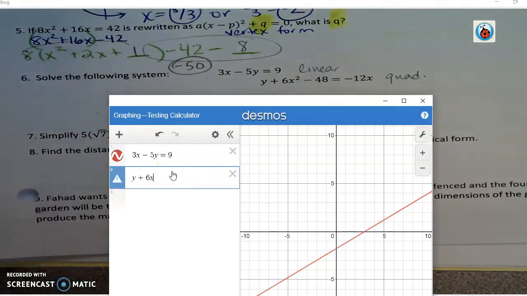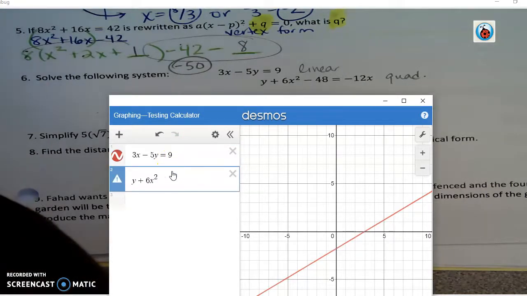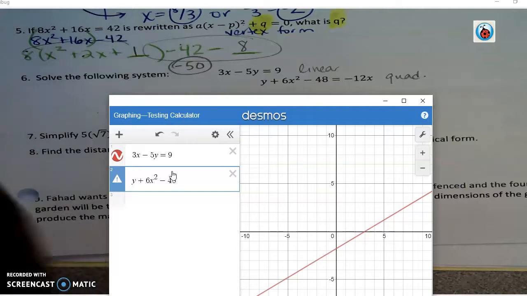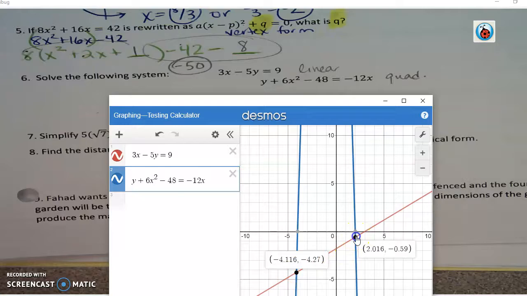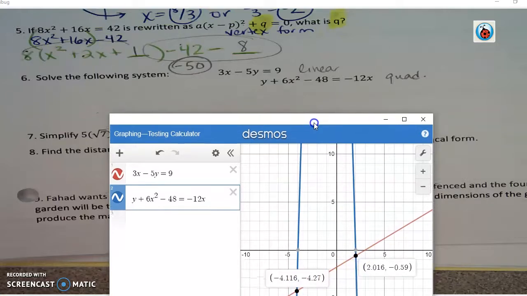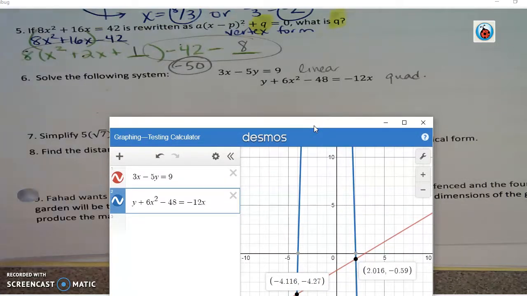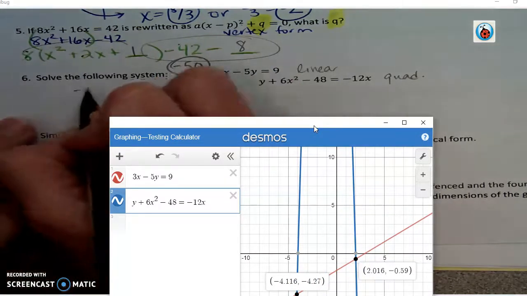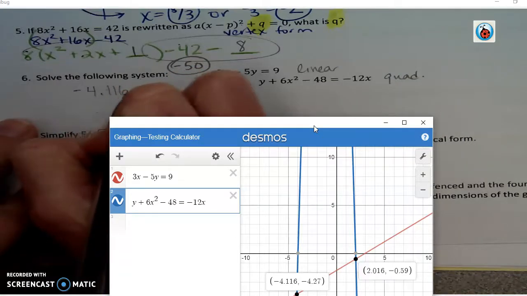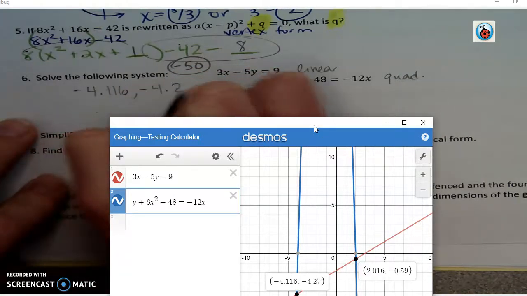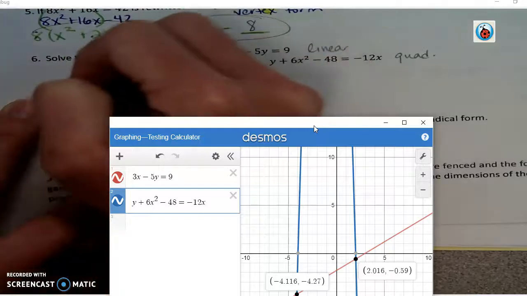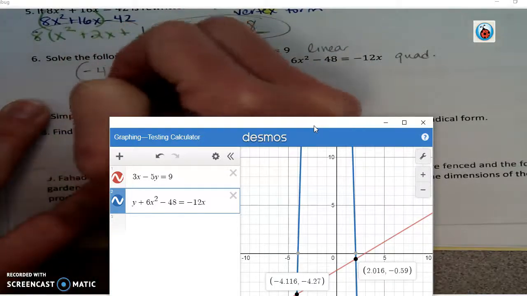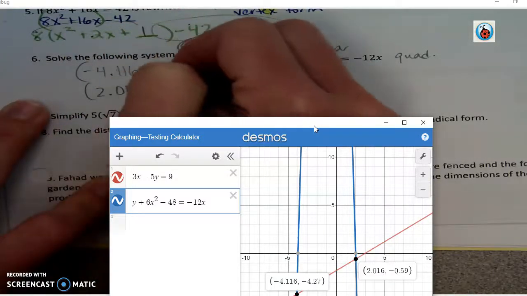And y plus 6x squared minus 48 equals negative 12x. And they intersect at 2 points. Negative 4.116, negative 4.27, and 2.016, negative 0.59.